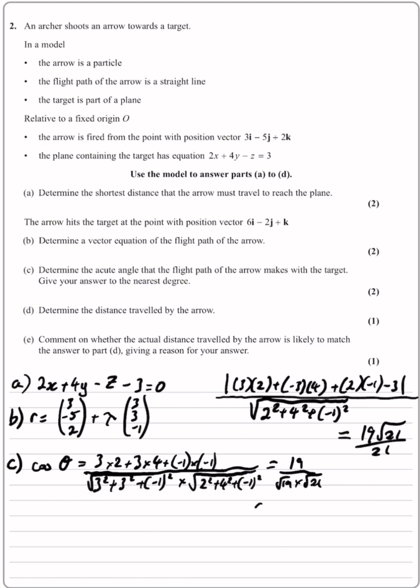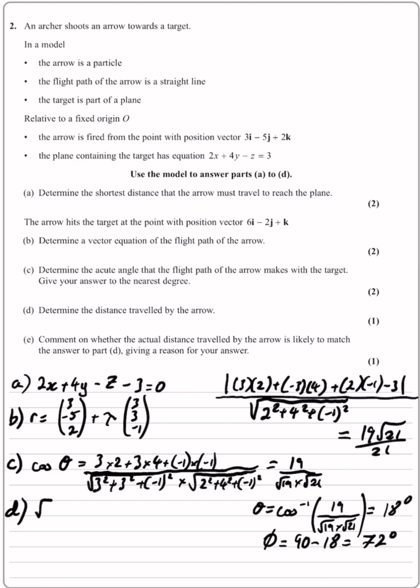So calculating inverse cos of 19 over root 19 times root 21, that comes out as 18 degrees. That's the angle between the flight path of the arrow and the normal to the plane. We want to work out the angle between the flight path and the target itself, so that's the plane itself. So I'm going to subtract that 18 from 90 degrees to get 72 degrees, which is my final answer.